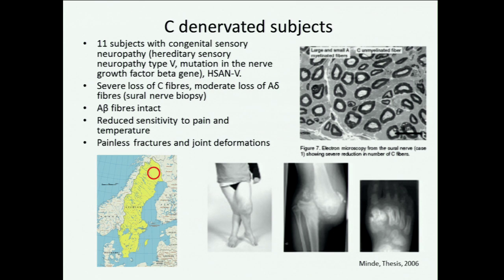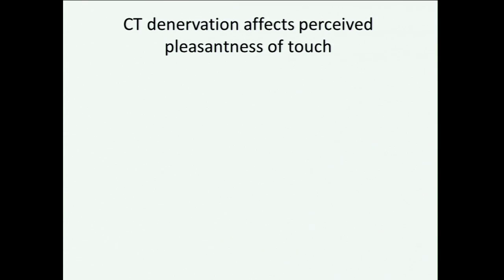They were actually discovered by an orthopedic surgeon who saw a lot of people coming in with severe joint deformations, and he knew that they were related to each other. So we were interested in how these subjects perceive CT-targeted touch.